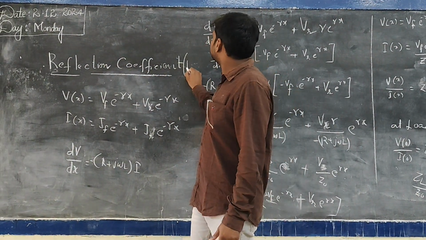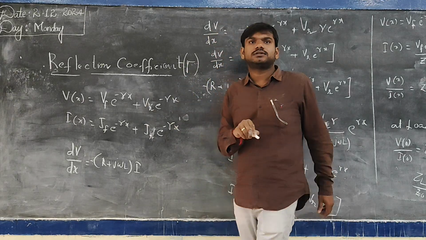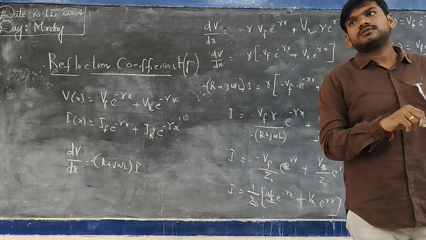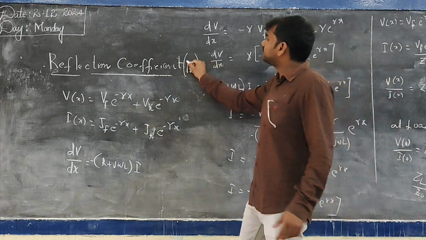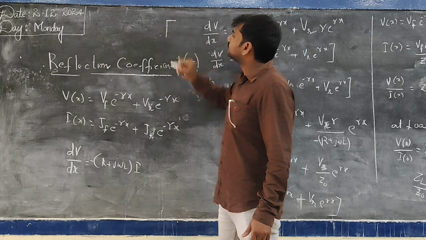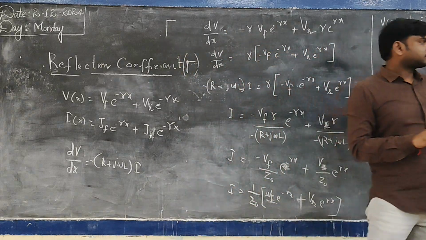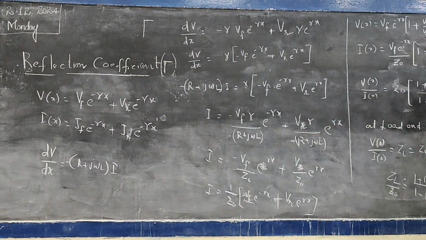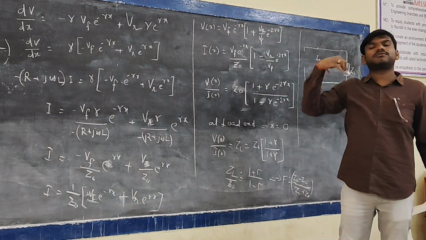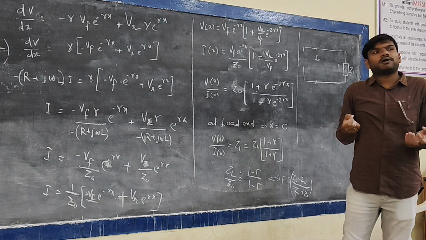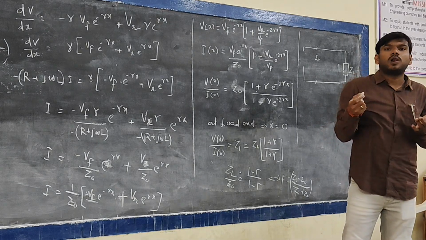How much power is reflected back is measured by the reflection coefficient. It is indicated with a symbol, sometimes called tau or gamma. If I calculate that gamma, it will give you how much power is coming back from the load.